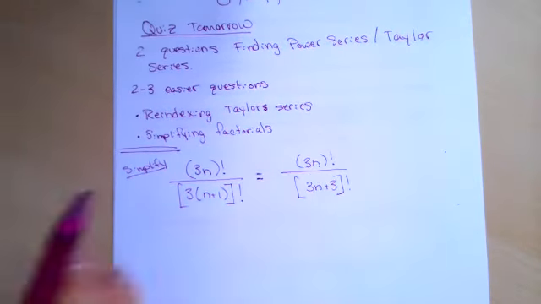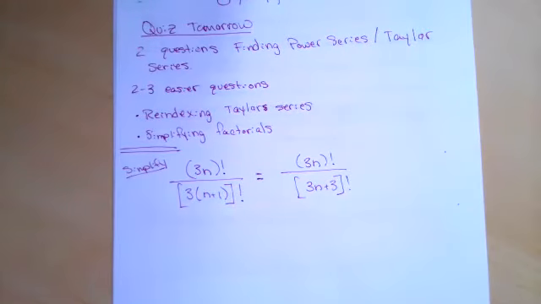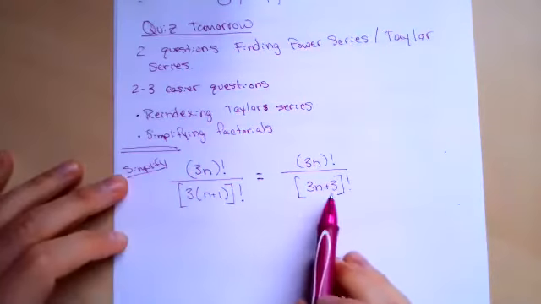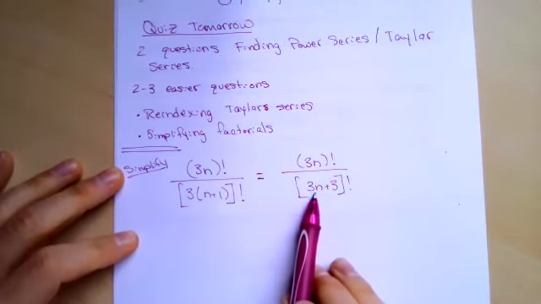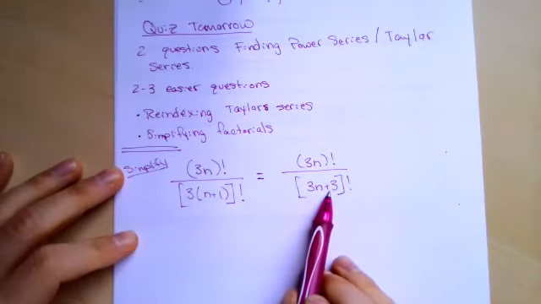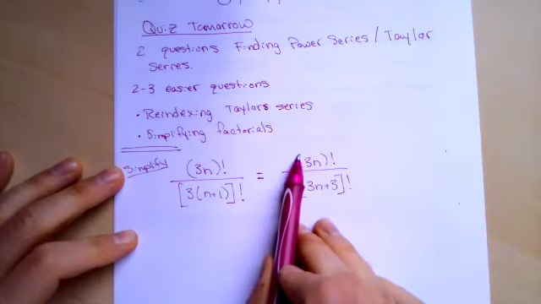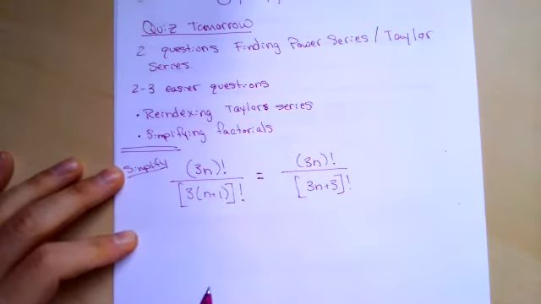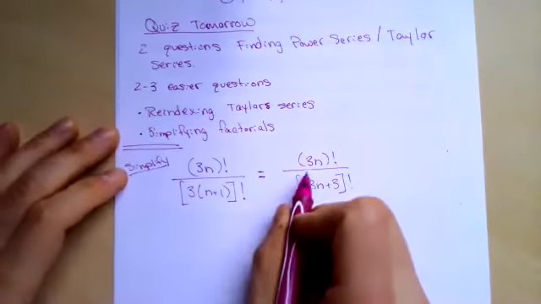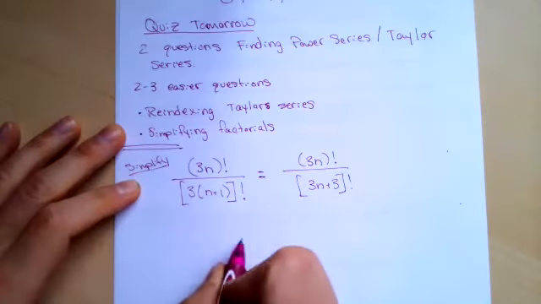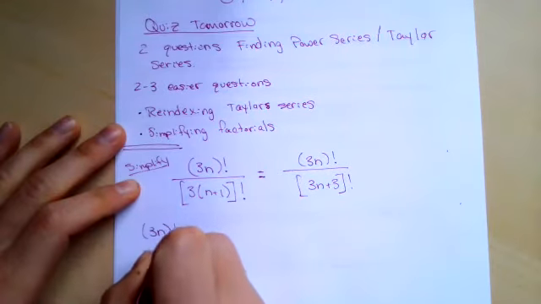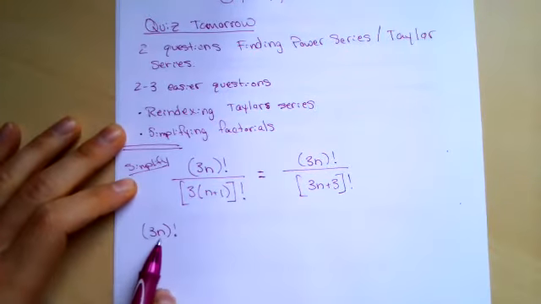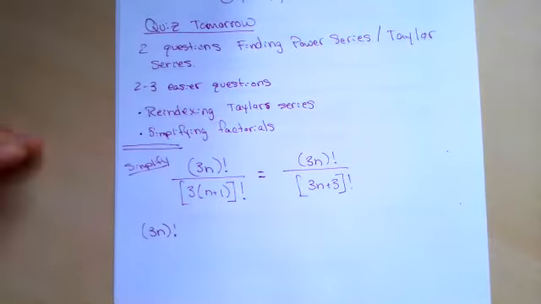And now we've just got factorials, essentially, to work with. And our goal with factorials is, remember, always start with the biggest one. So 3n plus 3. If this were a 3n minus 3, that's smaller. So we would start with the top and then work down. And remember that our 3n factorial, since the 3n is inside the parentheses, it's part of the factorial.